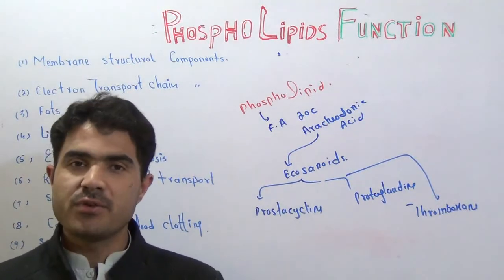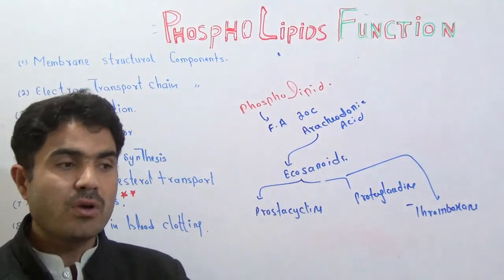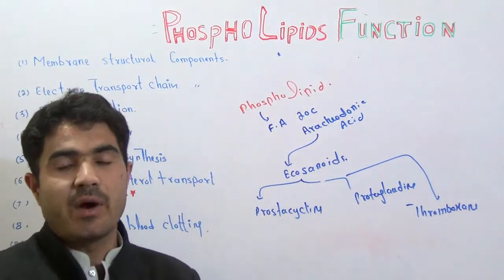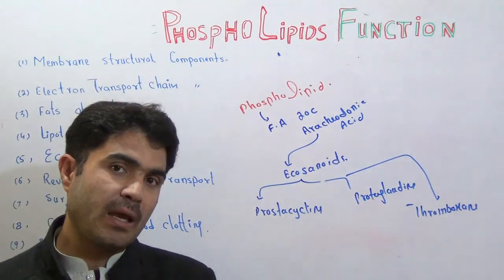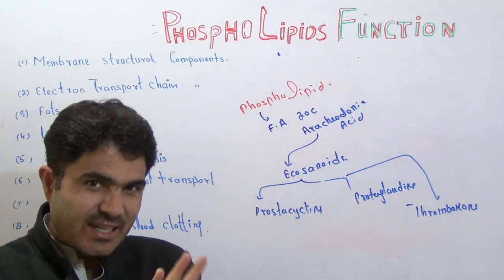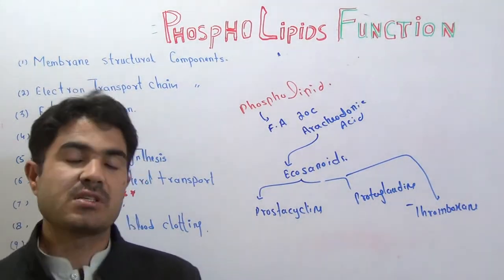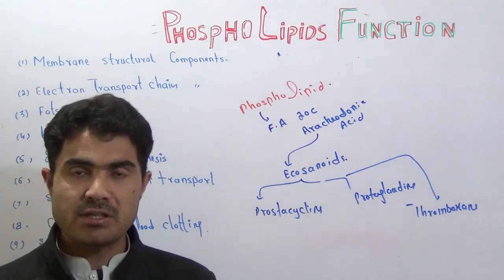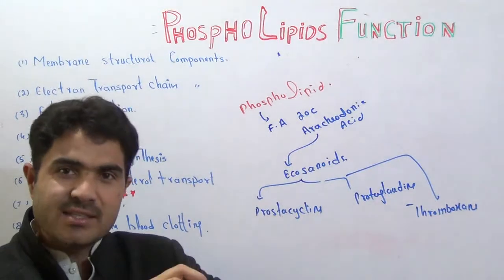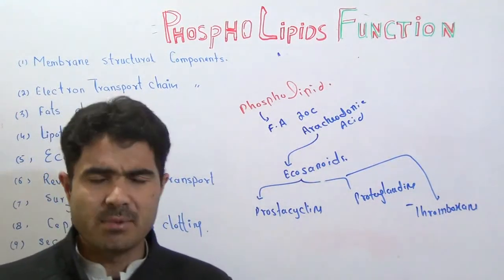For example, if you have a stain on your cloth and you want to wash that stain with water, the stain is oily and water is polar, so water cannot wash that stain from your cloth. So you need a third agent, which is called a surfactant. If you add surfactant, the water will interact with the oily stain and remove it from your cloth. This was an idea about surfactant.